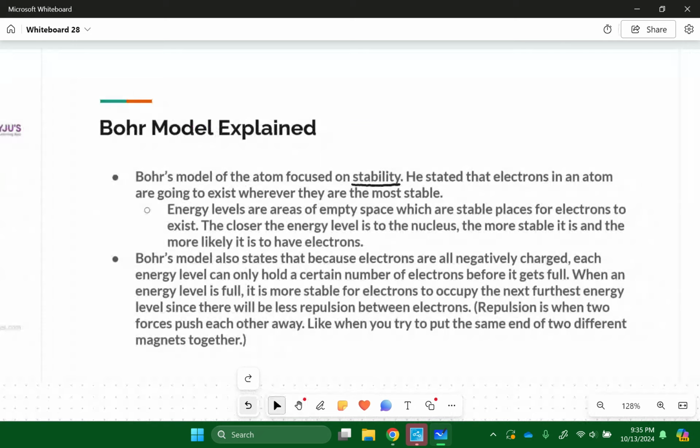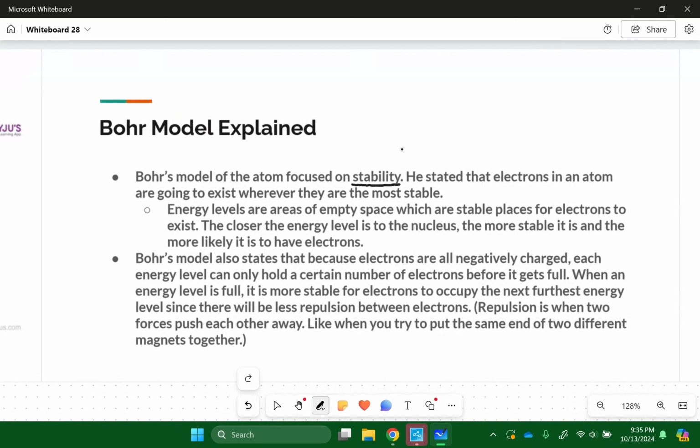Bohr's model states that because electrons are all negatively charged, each energy level can only hold a certain number of electrons before it gets full. When an energy level is full, it is more stable for electrons to occupy the next furthest energy level, since there will be less repulsion between electrons.